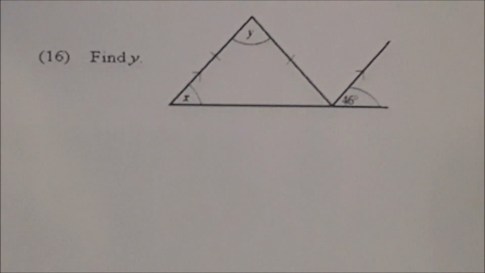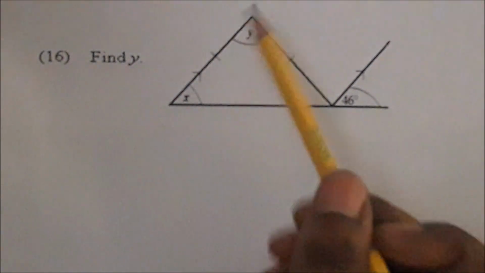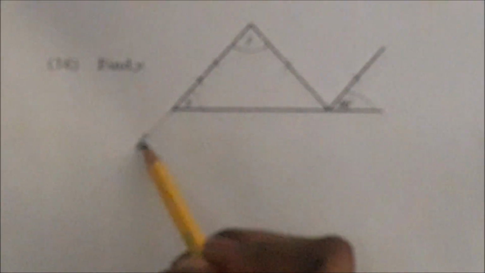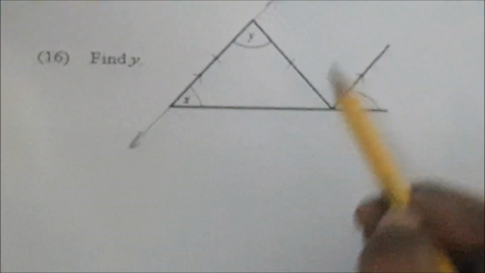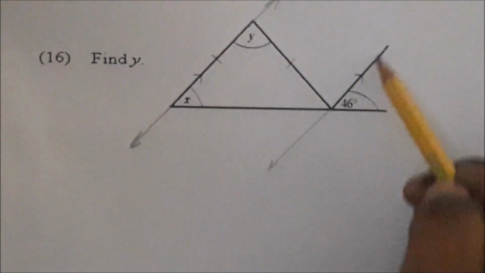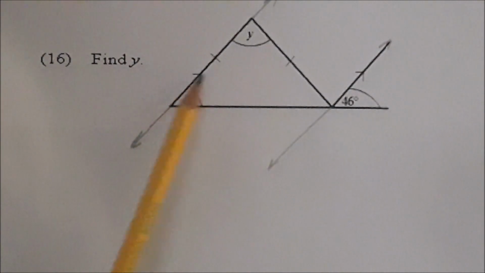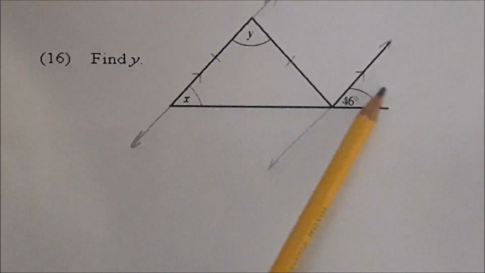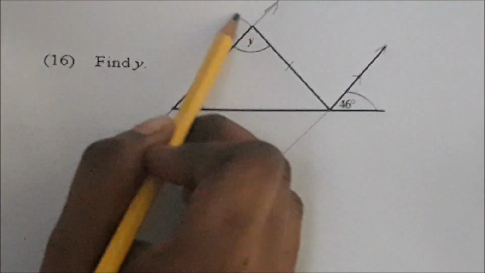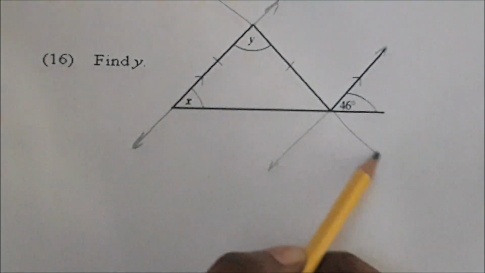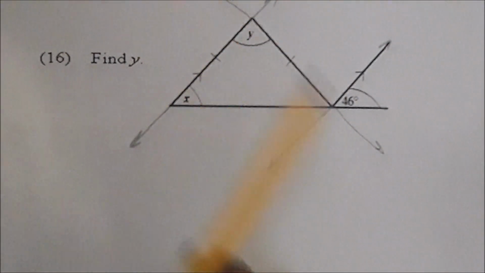All right, Precious, let's do number 16. Find y. As we can see, if we extend this line out and this line here out, we can clearly see by the marks here that they are parallel lines, which is cut by this line known as a transversal.